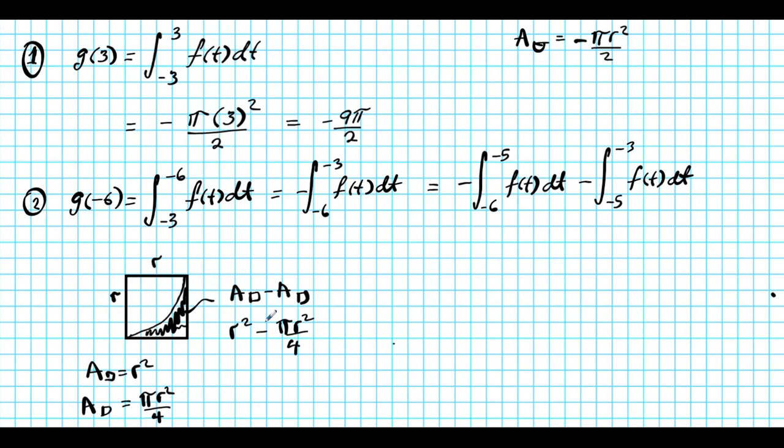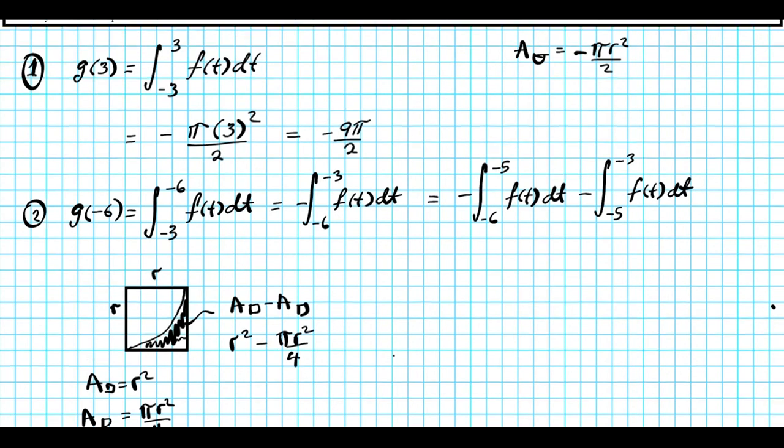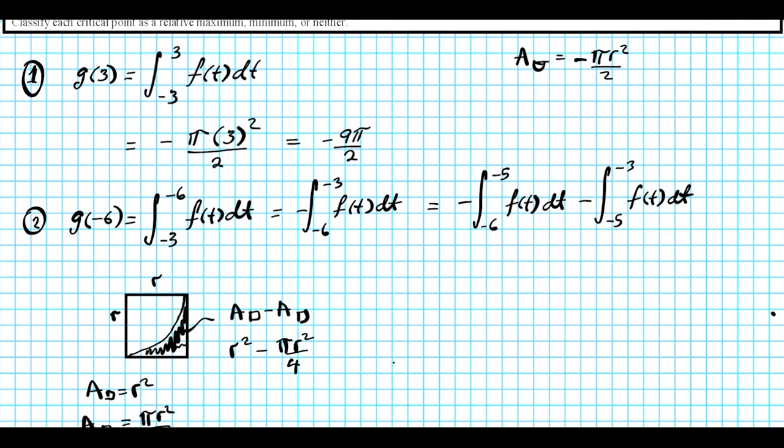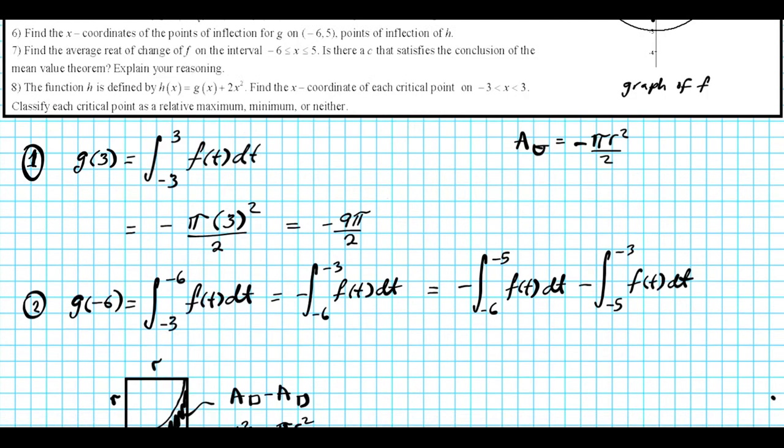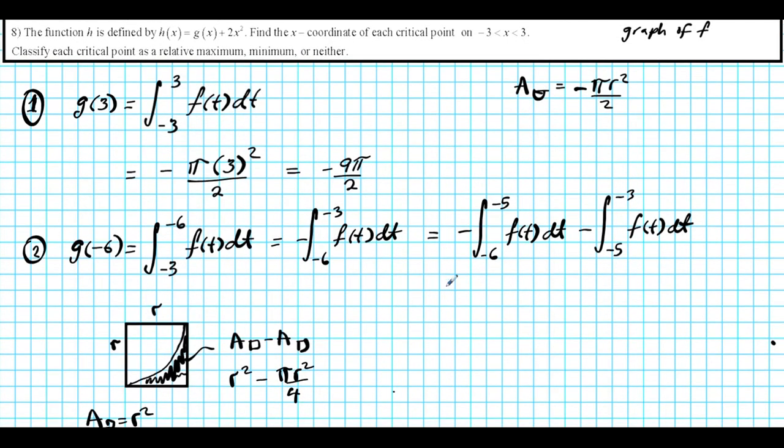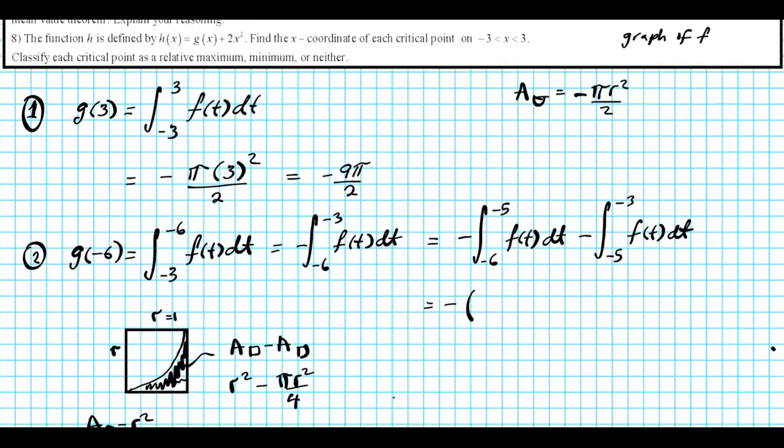So that's basically the value of the first definite integral that we're looking for, the area from -6 to -5. Okay, so let's go ahead and put that in here. So we are going to have negative, don't forget that negative piece, r square. The radius of our quarter circle is 1. How do I know that? Well, let's go back here.